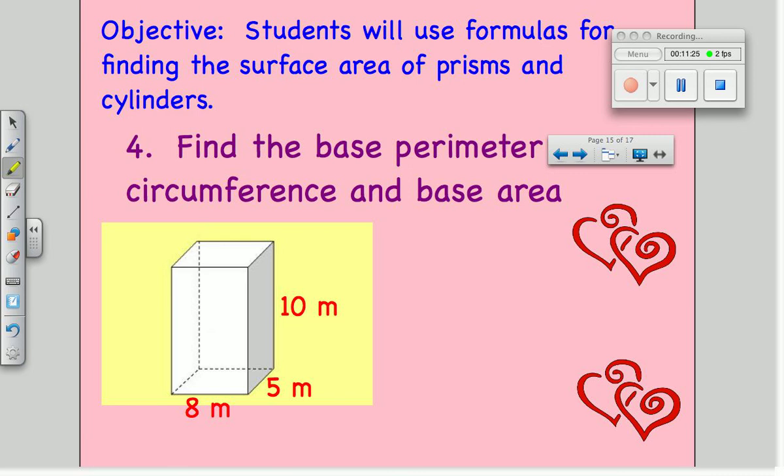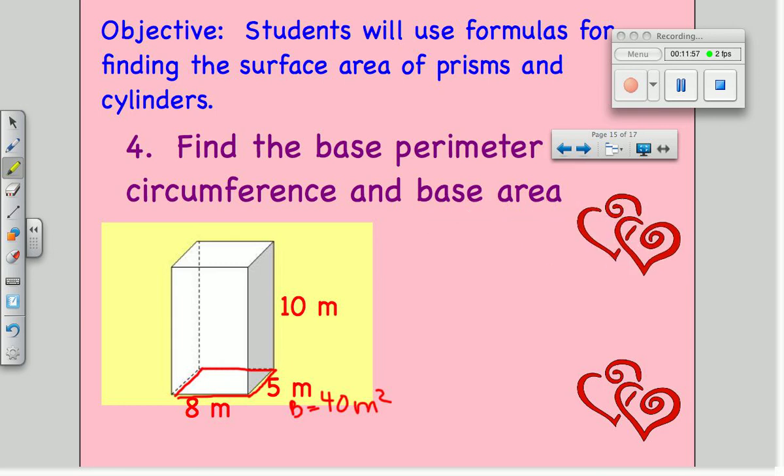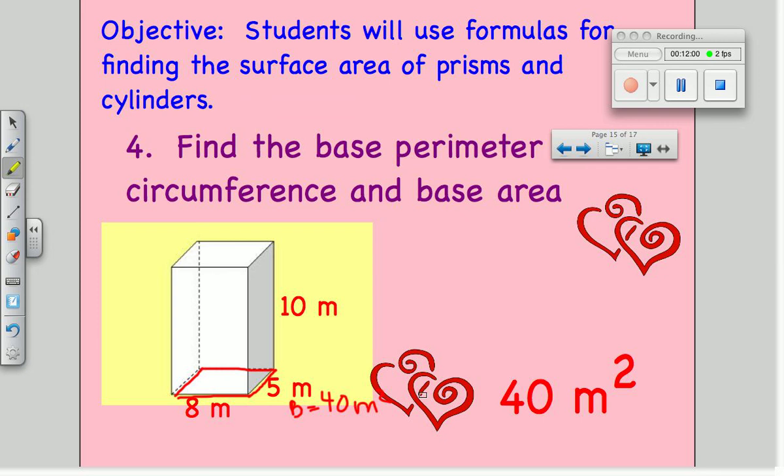Let's try this one. Base perimeter. Okay, here's the base. So, the base area, 8 times 5 is 40. So base area is 40 meters squared. There we go, 40 meters squared.